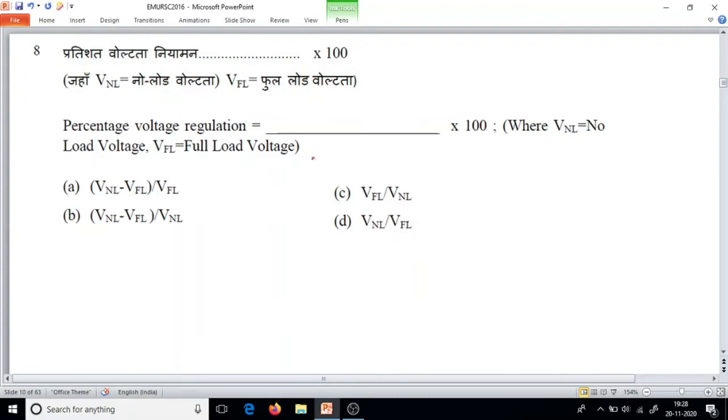The percentage of voltage regulation. For a power supply, the voltage regulation is given by V no load minus V full load divided by V full load. The answer is option A.